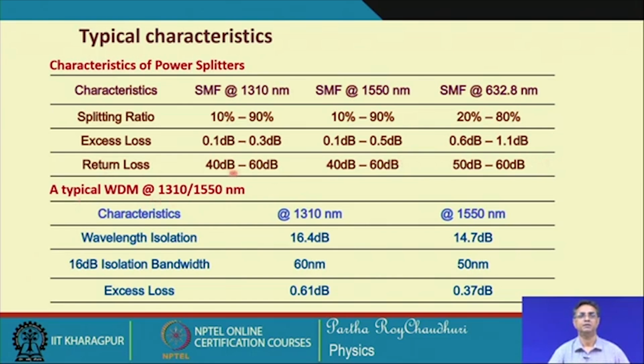Now, there are typical WDM characteristics. We will see what a WDM is, how it can separate two wavelengths or combine two wavelengths. In that case, we define the excess loss for each wavelength, and wavelength isolation, for example 16 dB isolation for 16 nanometer.